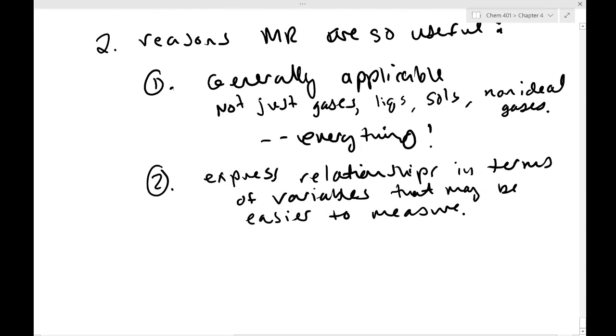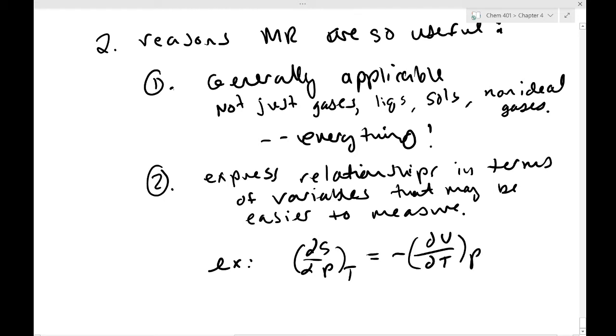For example, the change in entropy with respect to the change in pressure at constant temperature, we know from Maxwell's relationships, is equal to negative the change in volume with respect to the change in temperature at constant P.